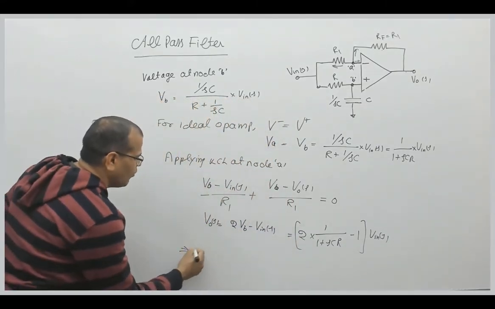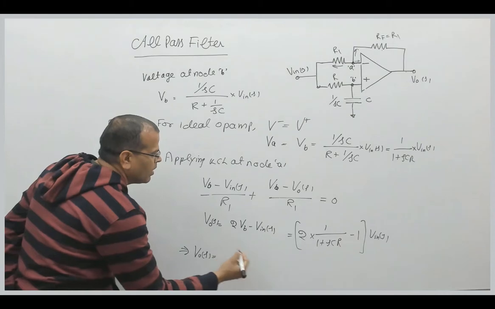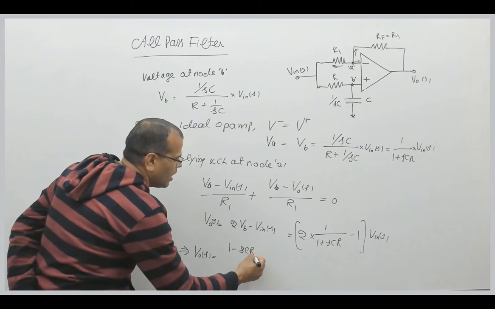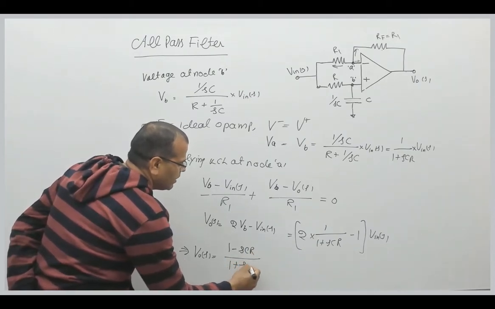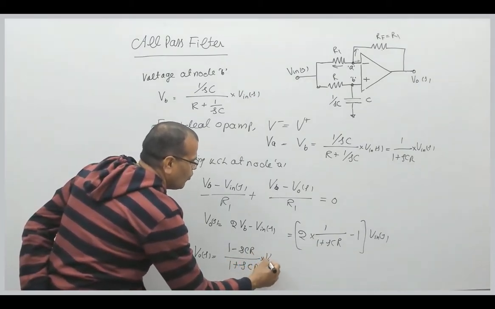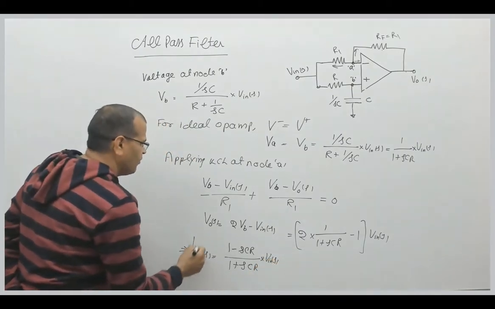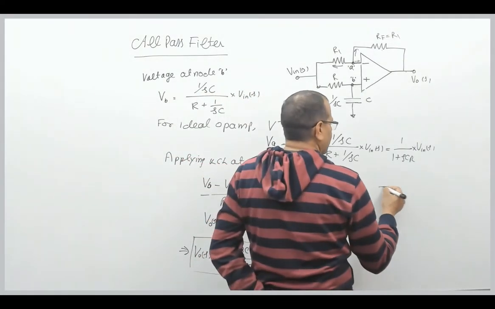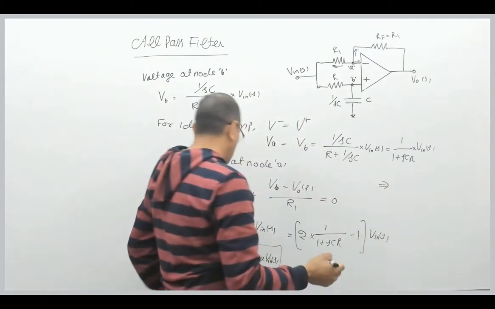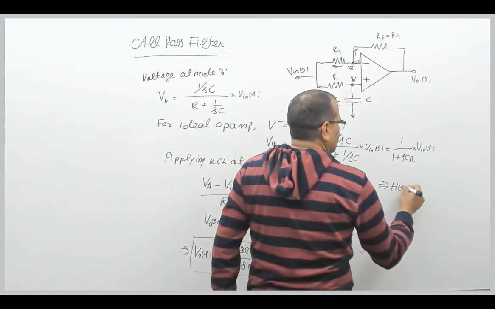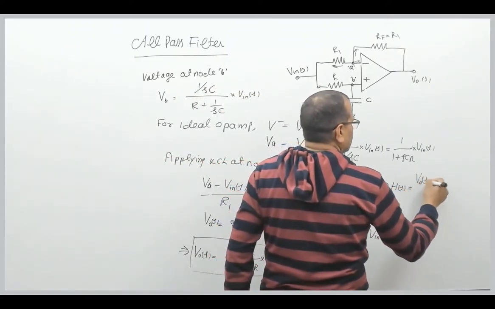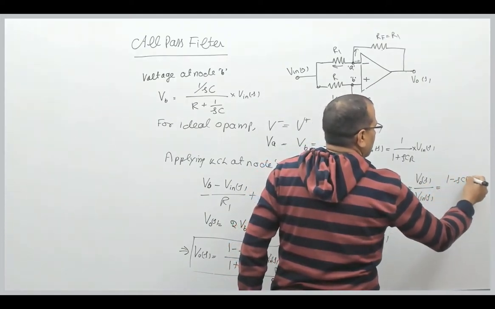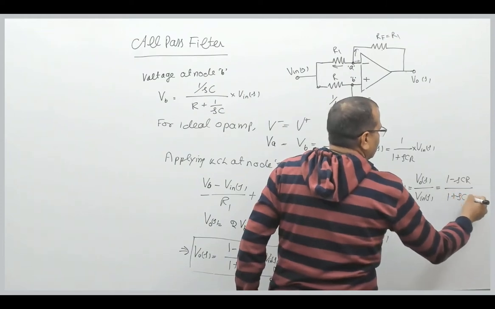So that gives V naught S equal to 1 minus SCR divided by 1 plus SCR into V in S. This is the output voltage of this circuit. I can further write that the transfer function of this filter is nothing but V naught S upon V in S, which is 1 minus SCR by 1 plus SCR.